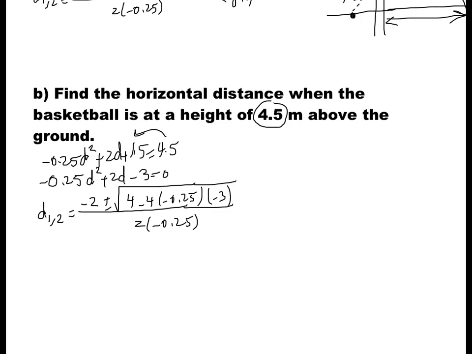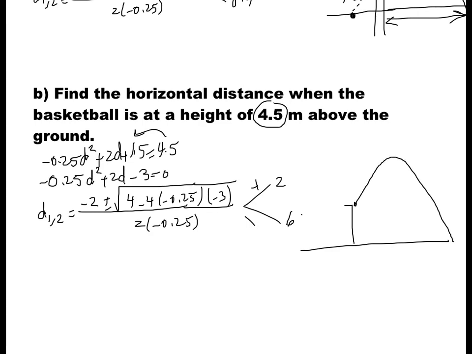If you solve this, you get two answers, positive and negative. The positive gives you 2, and the negative gives you 6. So the answer to this part is two horizontal distances, 2 and 6. Now you may again ask, how is it possible? It's very simple. This is where the ball is thrown, this is the ground, and it goes like this.